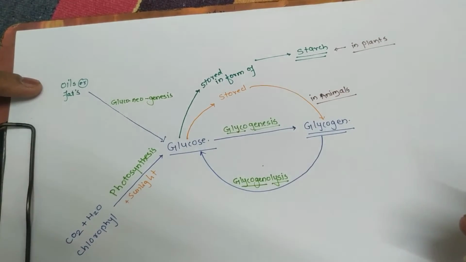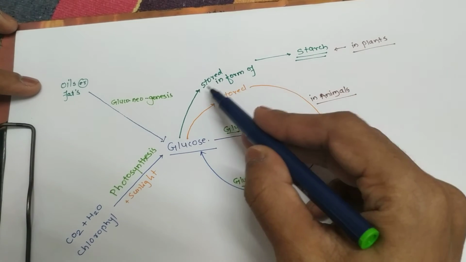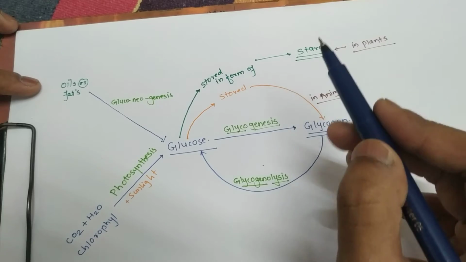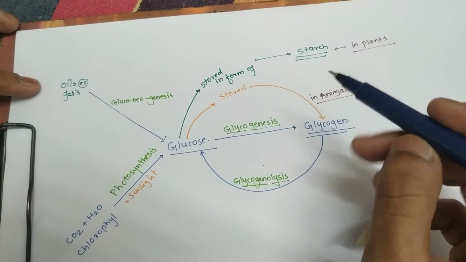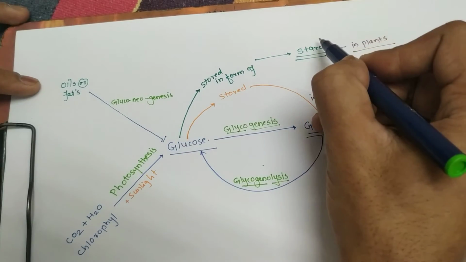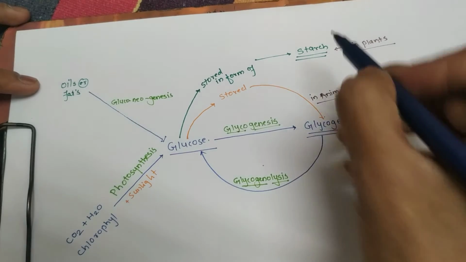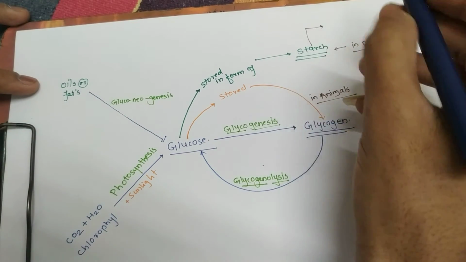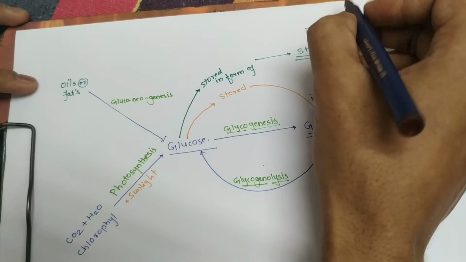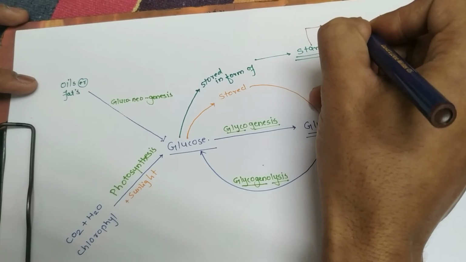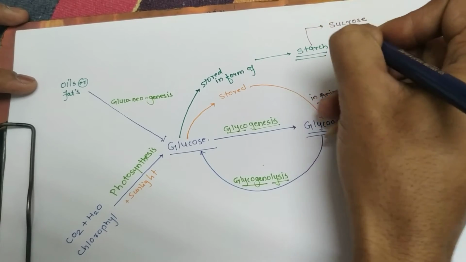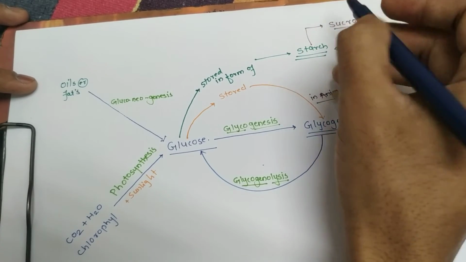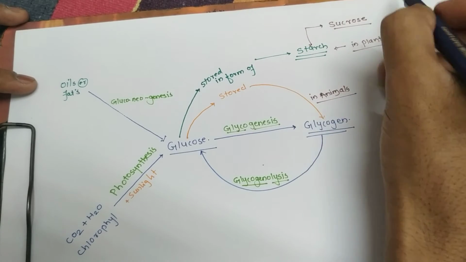Okay, now another concept is that in the plants the glucose is stored in the form of starch, but the question might arise: if it is stored in the form of starch, then which is the form that is mobilized? For the mobilization, the glucose is converted into sucrose, and that is mobilized and then converted into starch.